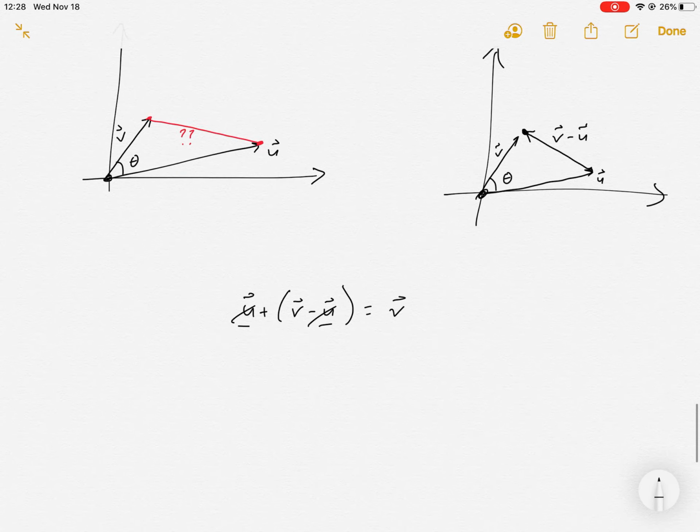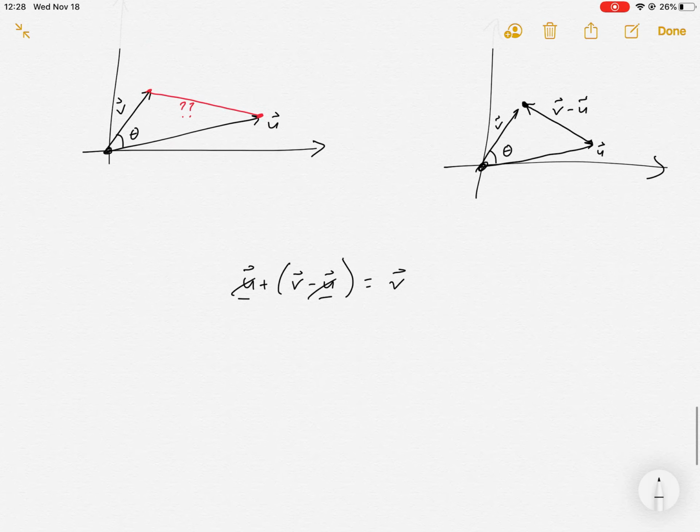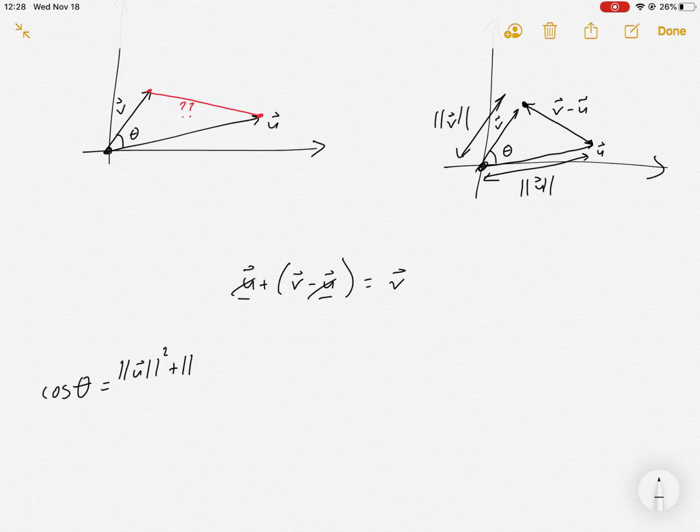Now in order to find this angle, we're going to use the law of cosines. The law of cosines says that cosine of theta equals the length of this side, which we could call the magnitude of u, squared, and this side as well, the magnitude of v, squared, minus this side here.